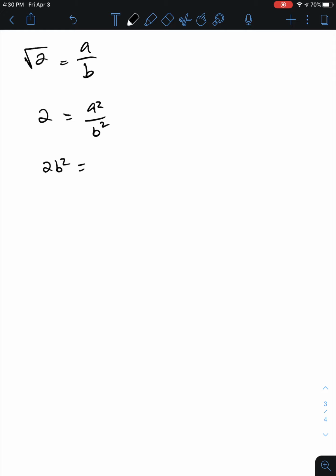And so 2B squared is equal to A squared. All right. Now we've got ourselves a bit of a problem. So what we're going to do is assume that this is actually in lowest terms. That means that the GCD of A and B is 1, so no common factor is another way of writing this.